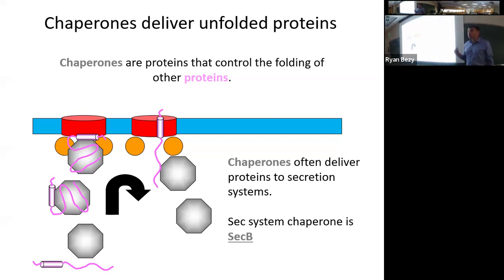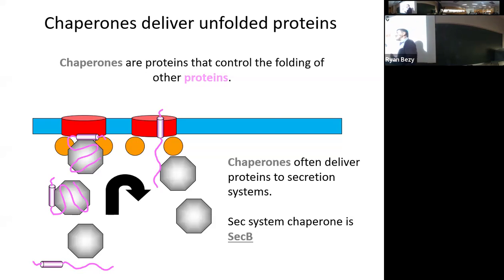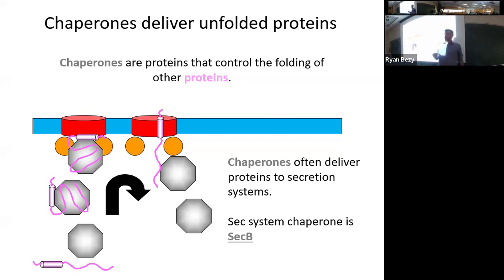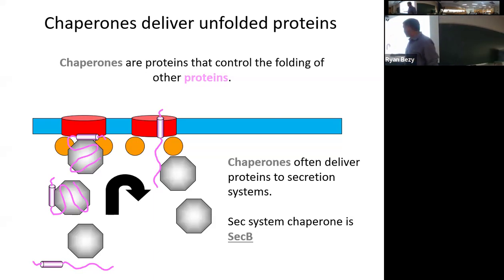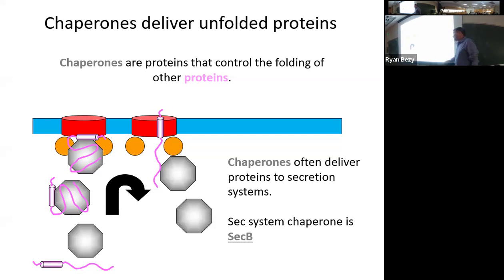There are other chaperone proteins whose job is actually to keep a protein from folding. So some other chaperone proteins, their job is to say, don't fold. For instance, SecB is a chaperone protein that's involved in the Sec system. If a protein is going to get secreted, it has that N-terminal hydrophobic alpha helix.